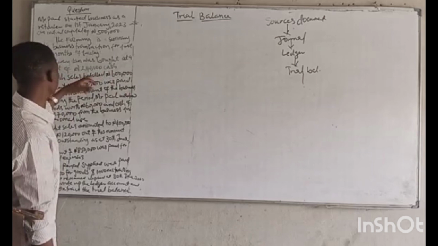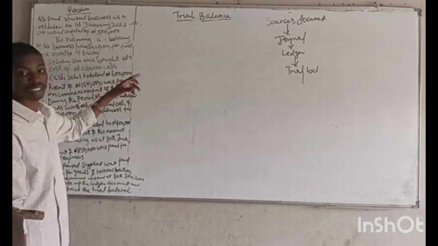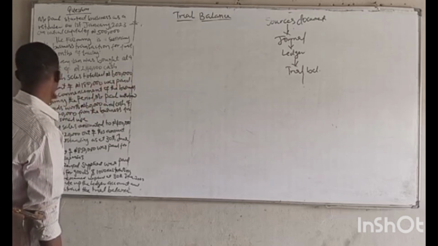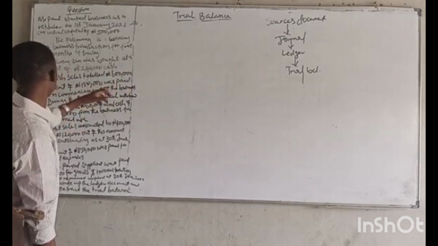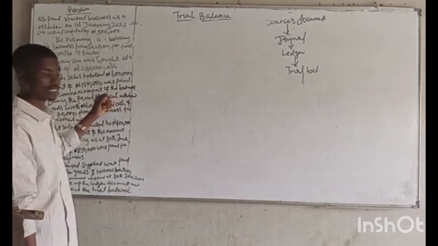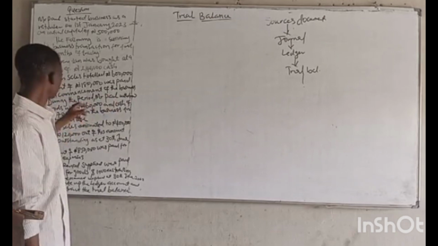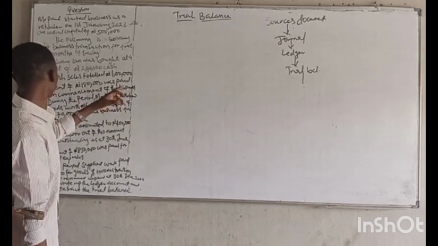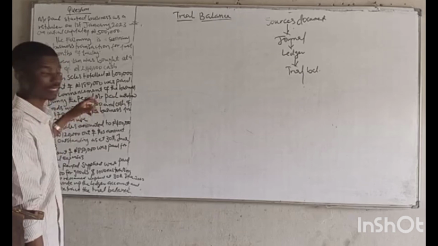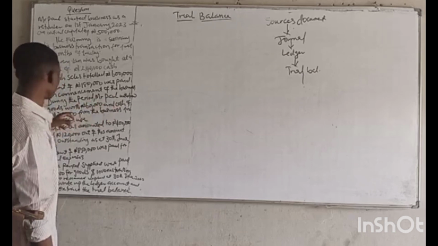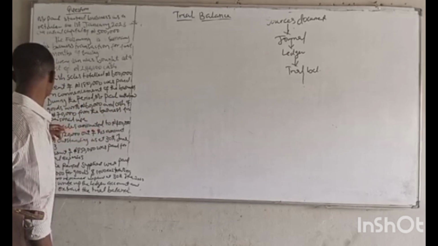Number two, cash sales total 600,000 naira. Number three, rent of 180,000 naira was paid on commencement of the business. Number four, during the period, Mr. Paul withdrew goods worth 60,000 naira and cash of 70,000 naira from the business for his personal use.